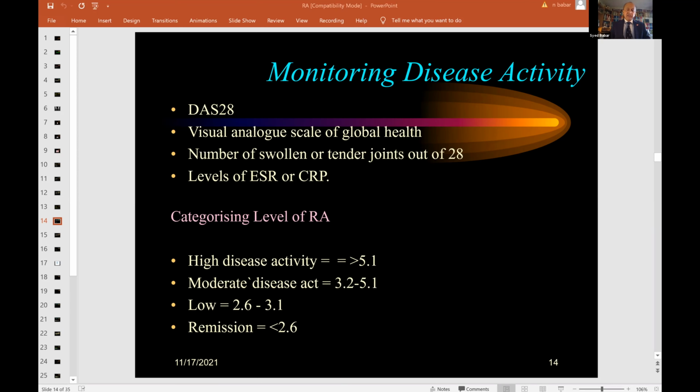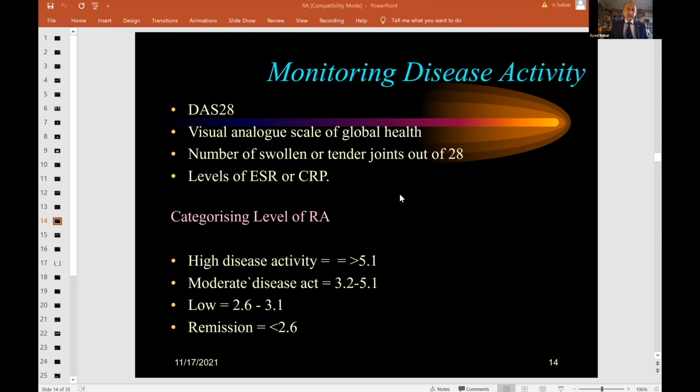When rheumatoid arthritis is low, such as between 2.6 to 3.1, then often the outcome has been good in relation to allowing a remission to take place. Symptomatic remission also includes remission from lowering of these inflammatory parameters to less than 2.6.